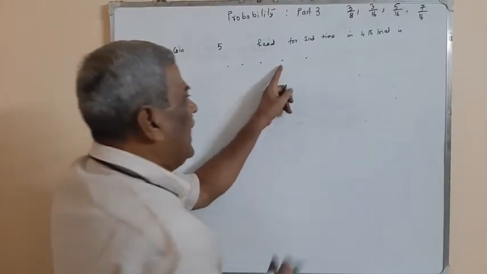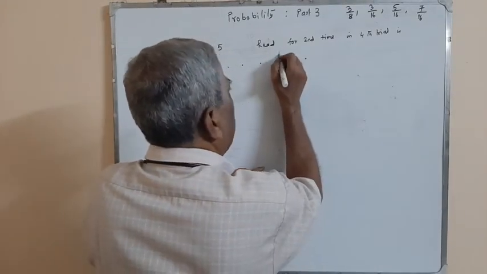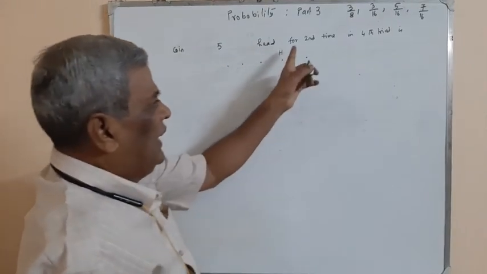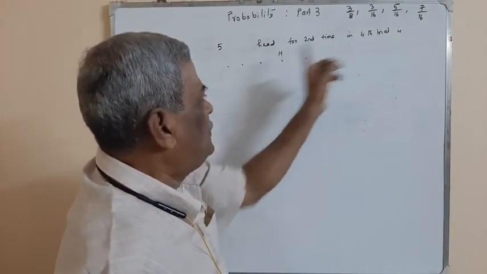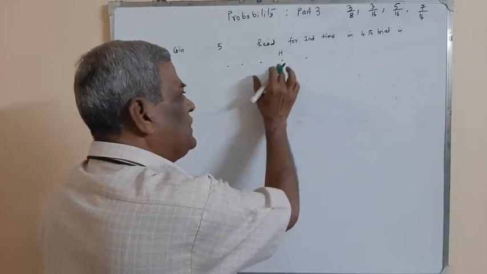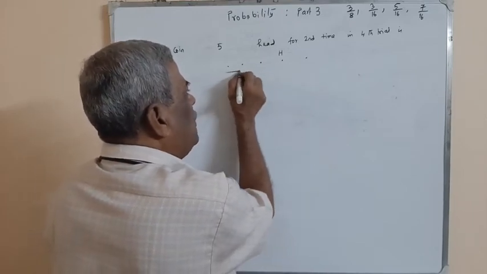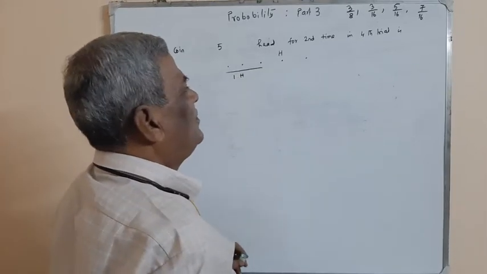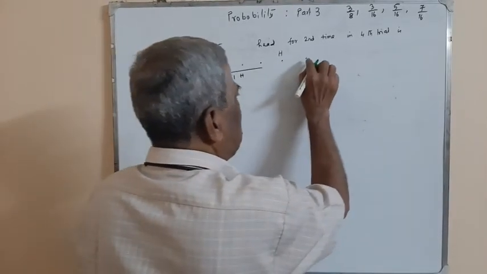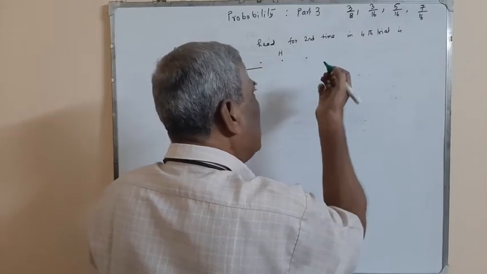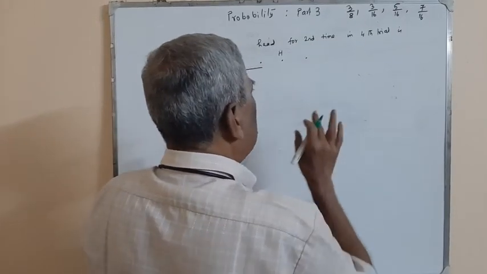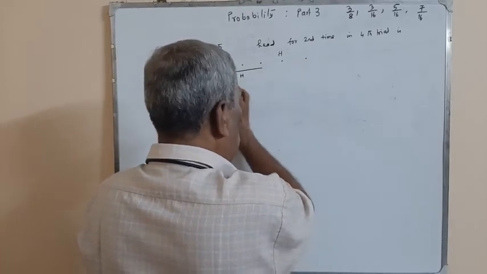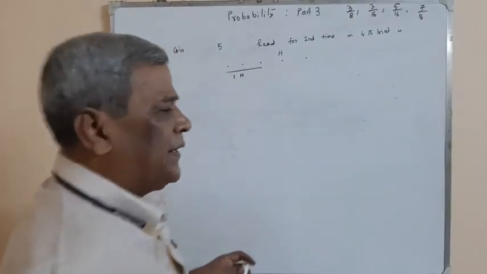In the fourth trial, we must get a head, and this is for the second time. So before this trial, there must be one head.